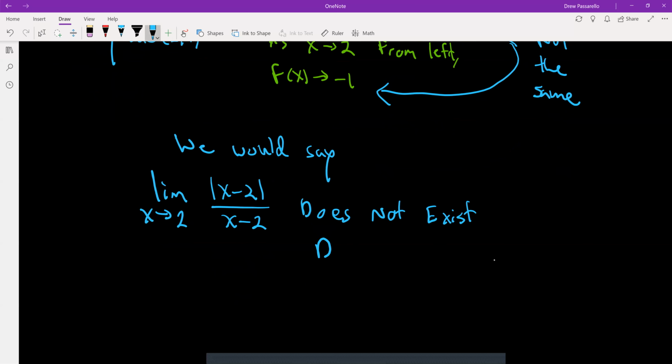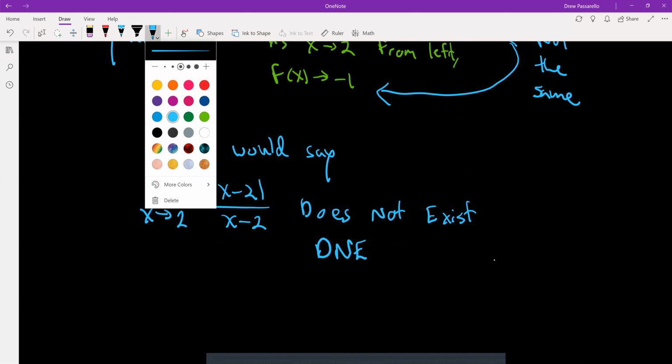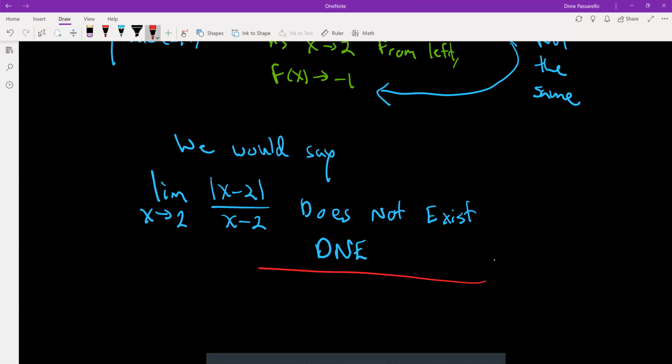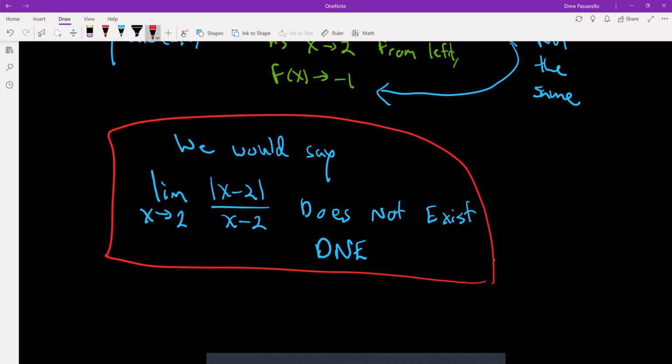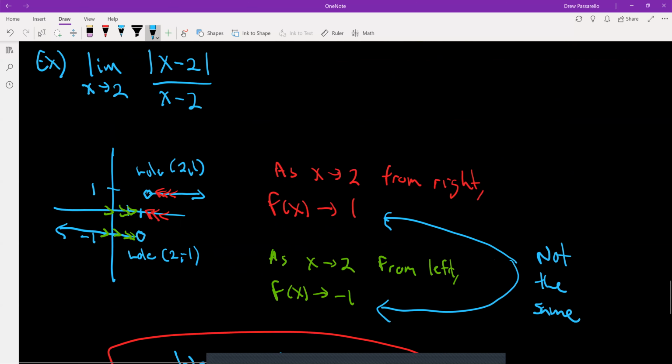So usually I write DNE for doesn't exist. So that was important. That's the case when the limit doesn't exist. If the graph approaches two different values from the left and right side, they have to match up.